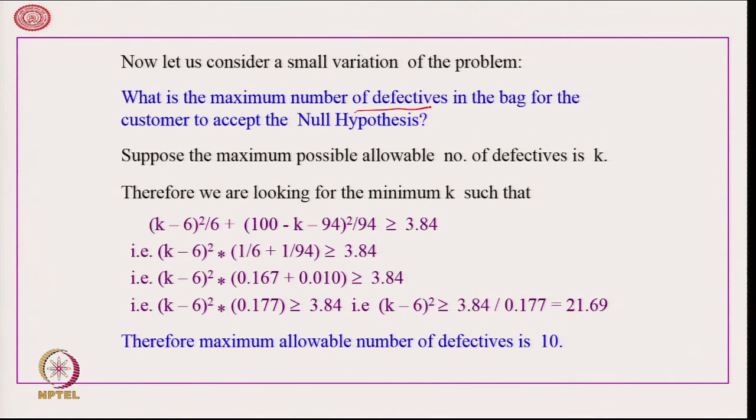So, we are therefore looking at the minimum value of k such that (k minus 6) whole square divided by 6 plus (100 minus k minus 94) whole square divided by 94 has to be greater than or equal to 3.84 if we have to reject the null hypothesis.